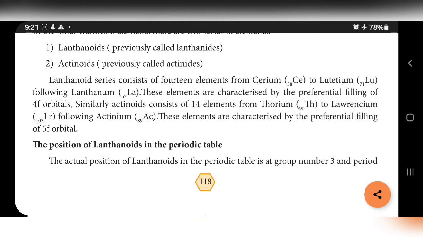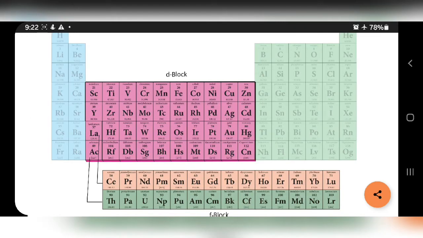These elements are characterized by preferentially filling of the 4f orbital. Actually that is the basic concept. On what basis are these elements placed in S block, P block, D block and F block? If the last electron is filled in the S orbital, the element is placed in S block.